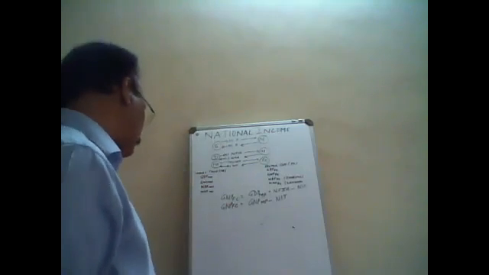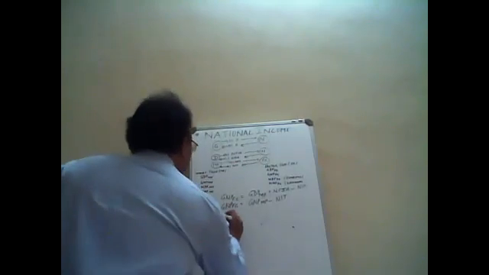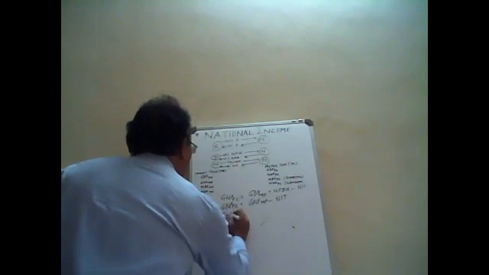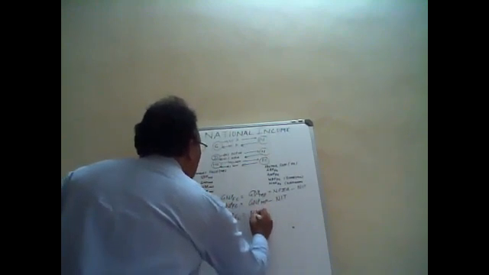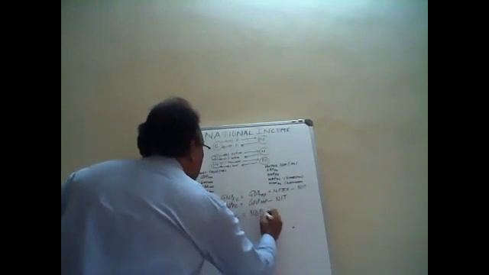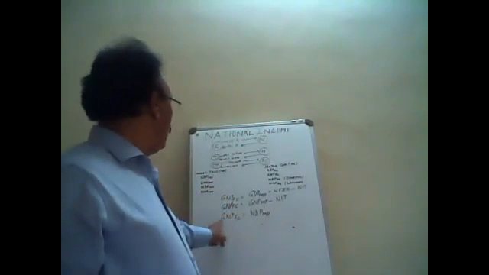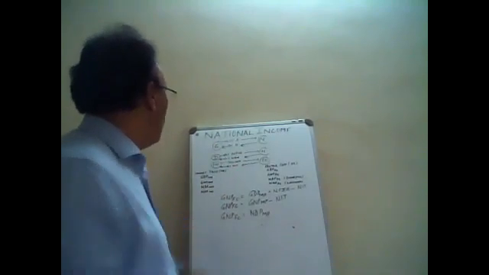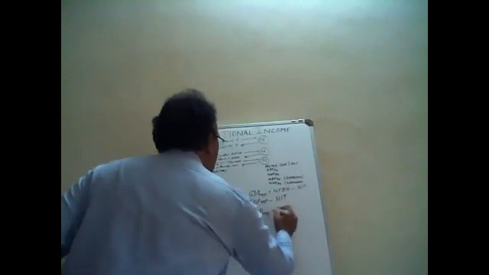Okay. Third, GNP factor cost when NDP market price is given. Net to gross, plus depreciation.